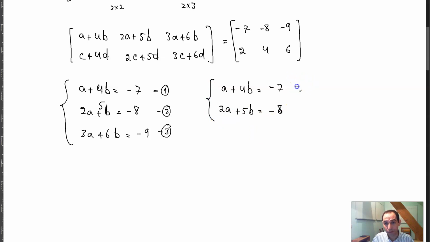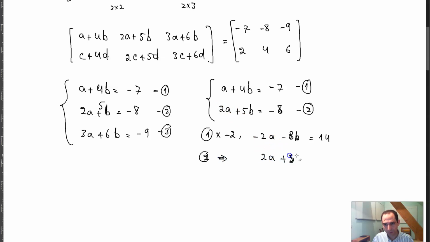So multiplying 1 by negative 2, I have negative 2A, negative 8B is equal to positive 14, and 2 I write as it is: 2A plus 5B is equal to negative 8.